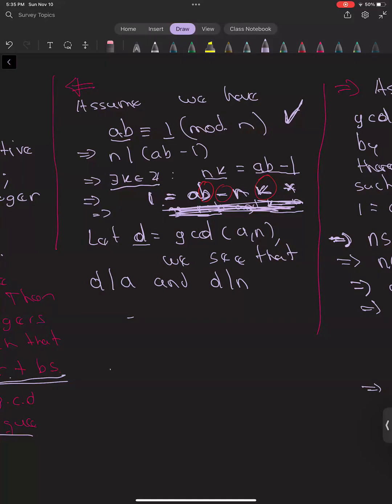But notice this. If D divides A and D divides N, then by star, D divides 1, right? But the only positive number that divides 1 is 1. So therefore D equals 1.